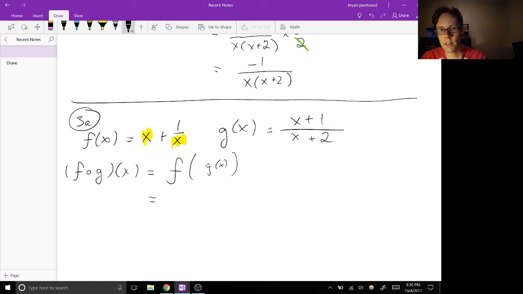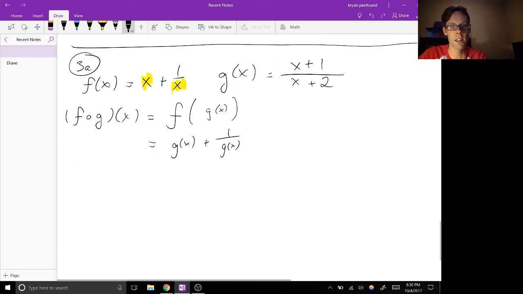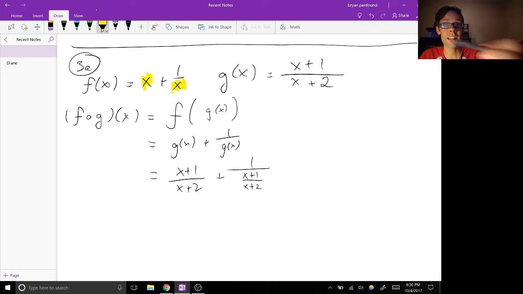So I'm going to get g of x plus 1 over g of x. Okay, we know what g of x looks like. G of x is x plus 1 over x plus 2. Now we have something similar to the last question we were looking at.